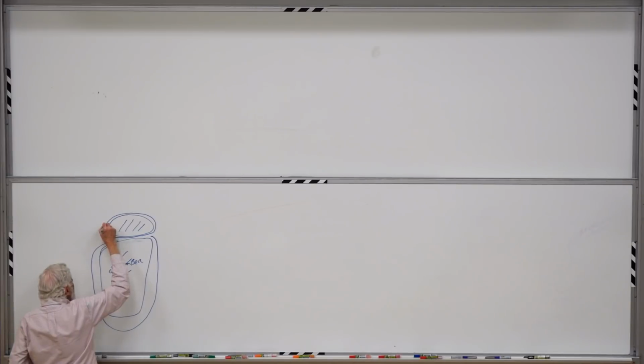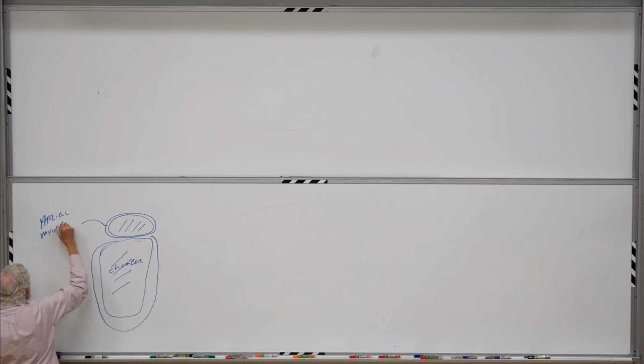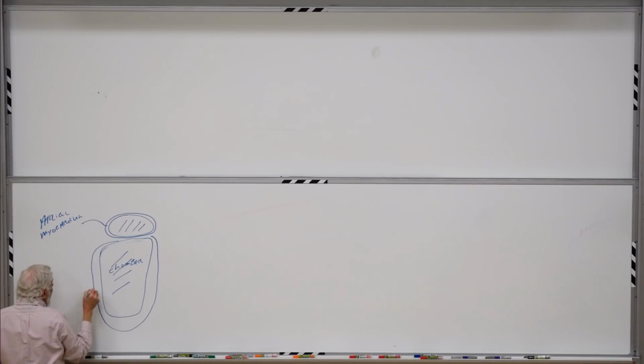And then this thin structure we talked about last time, we labeled this as the atrial myocardium. And we labeled this as the ventricular myocardium.